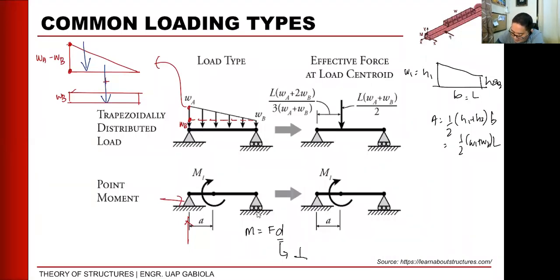So, let's say meron tayong ito yung column natin. Okay? So, natin column yan. Then we have yung girders natin. Okay? And then meron tayong secondary beam. O yung beam natin. Di ba si beam na to, tawagin natin AB, tawagin ko tong CD, yung girder natin.